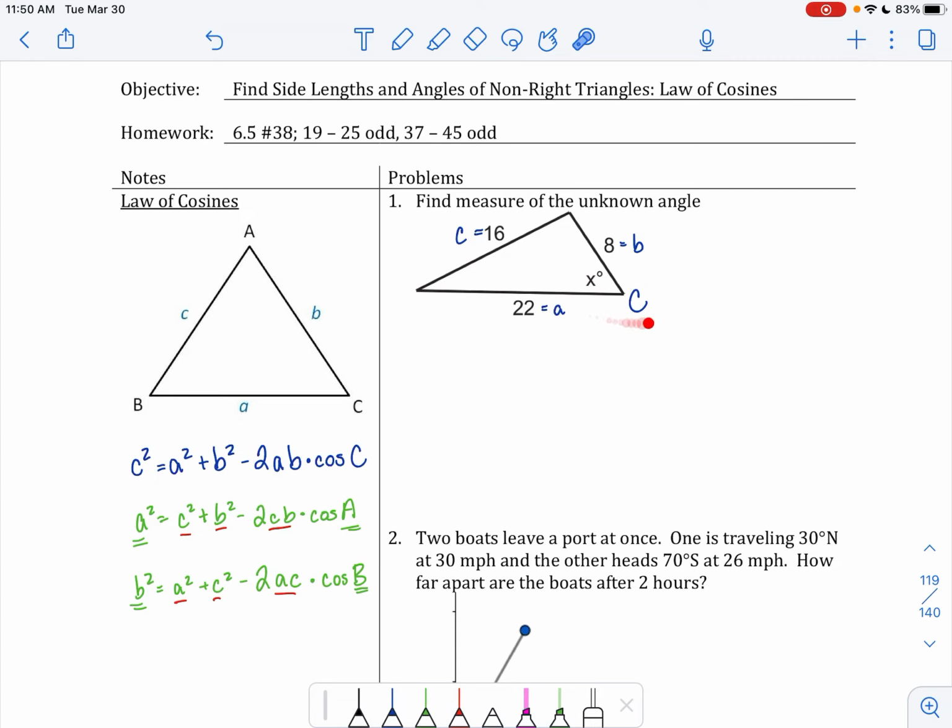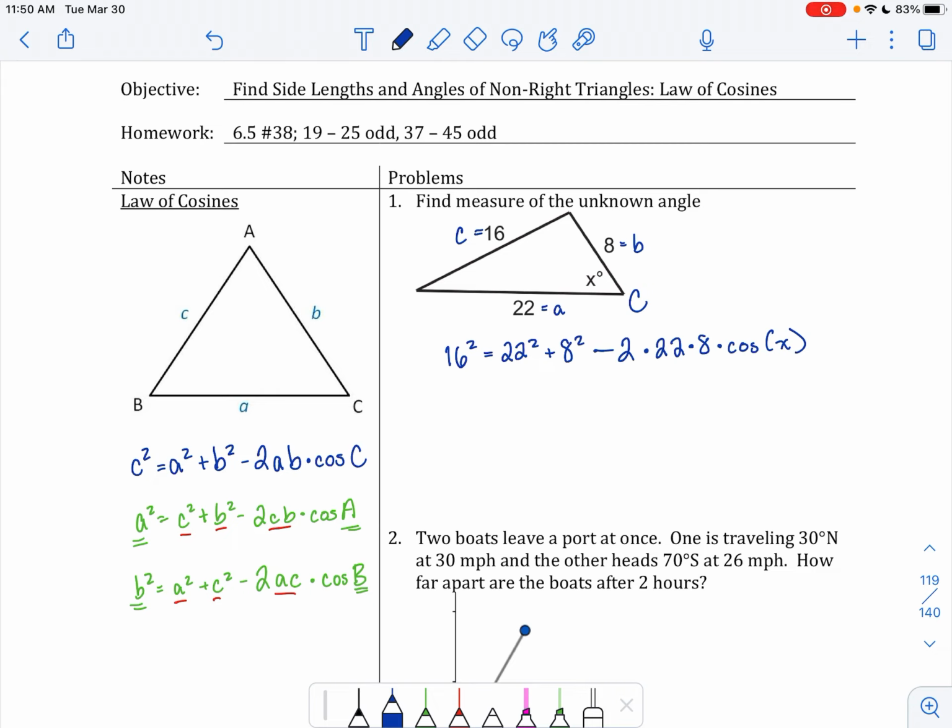And I'm using C here because that's the angle I want to find. Then I'm going to plug it into the law of cosines. So in this case, 16 squared is equal to 22 squared plus 8 squared, a squared plus b squared, minus 2 times a times b times cosine of x. And so x is what I want to find.